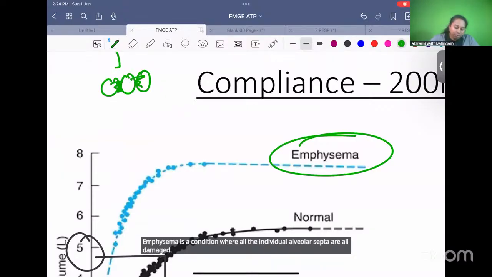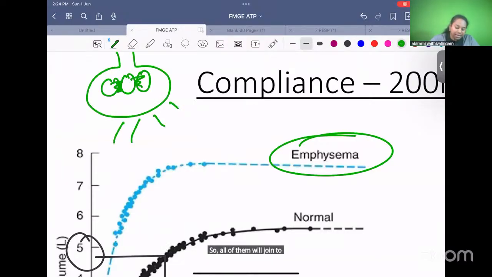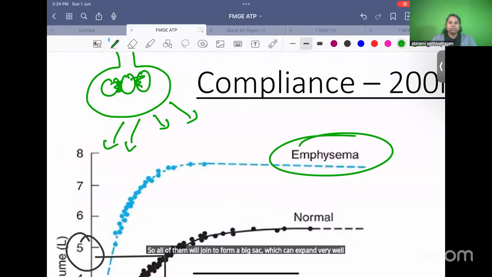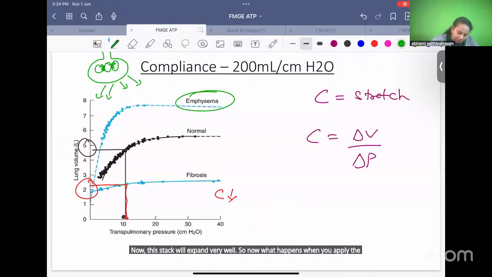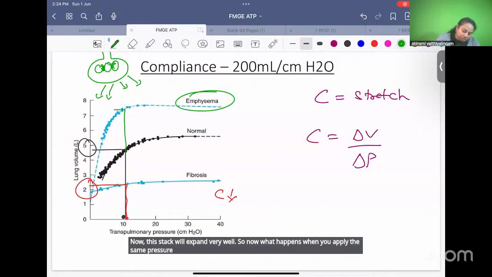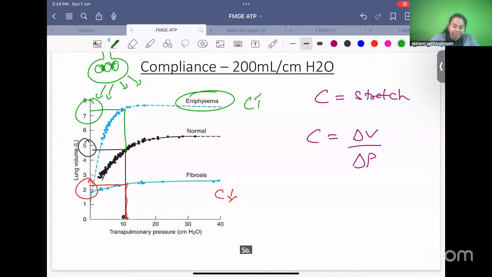So all of them join to form a big sac which can expand very well. When you apply the same pressure, the change in volume is almost 7 liters. So compliance has increased in emphysema. Fibrosis, compliance decreases; emphysema, compliance increases.